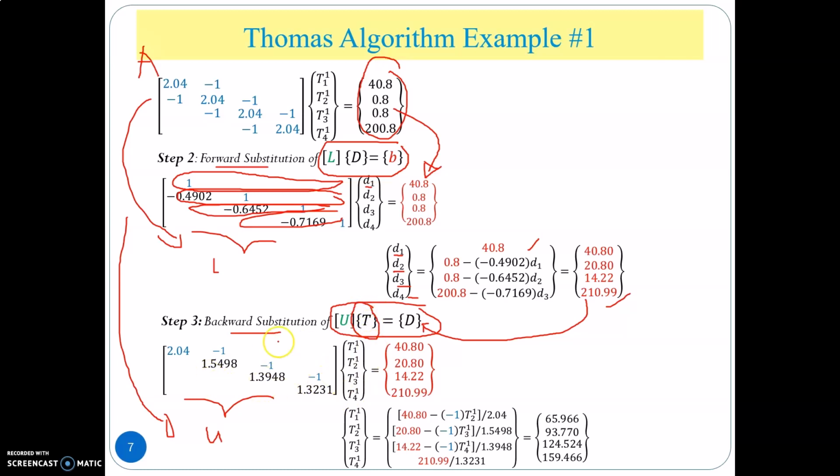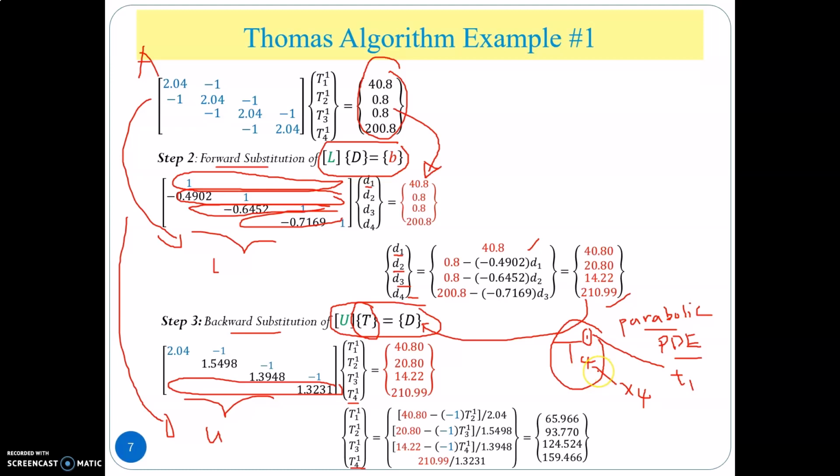So we can start from the last row in the backward substitution to obtain your T4. Please recall that in the parabolic PDE, we are using this notation where T represents the temperature, 4 here means the position or location for your X position, let's say X4, and 1 here means time 1.